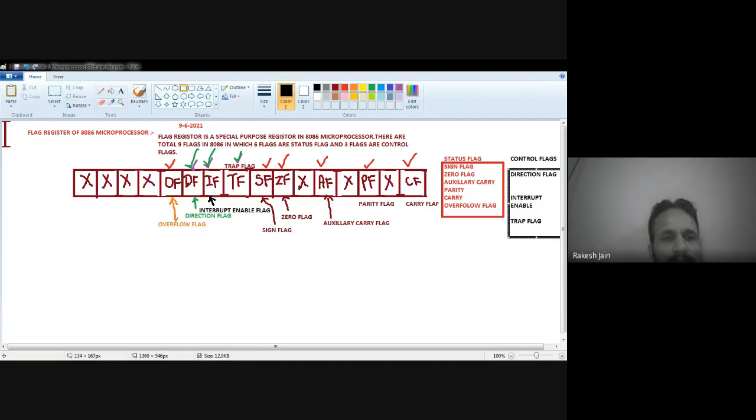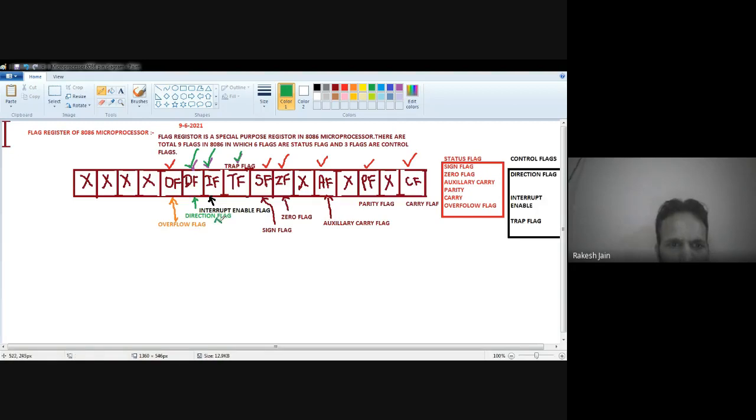If the direction flag is reset, then access the string data from lower memory location towards higher memory location.